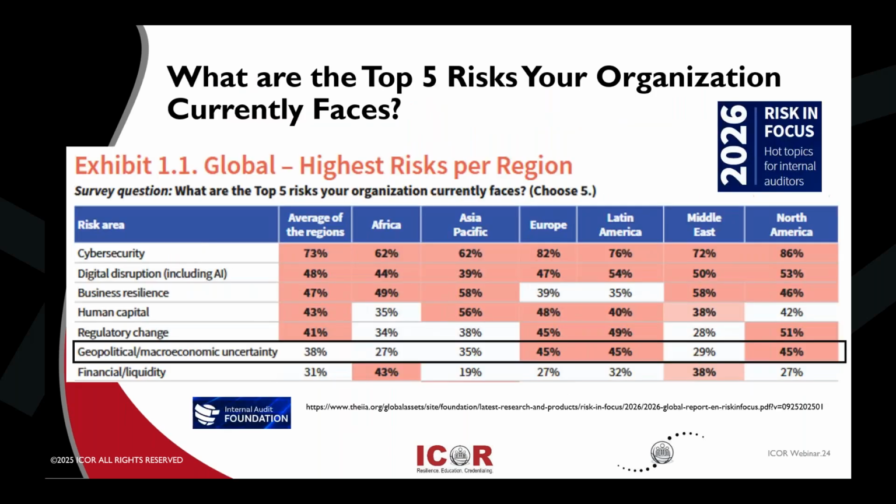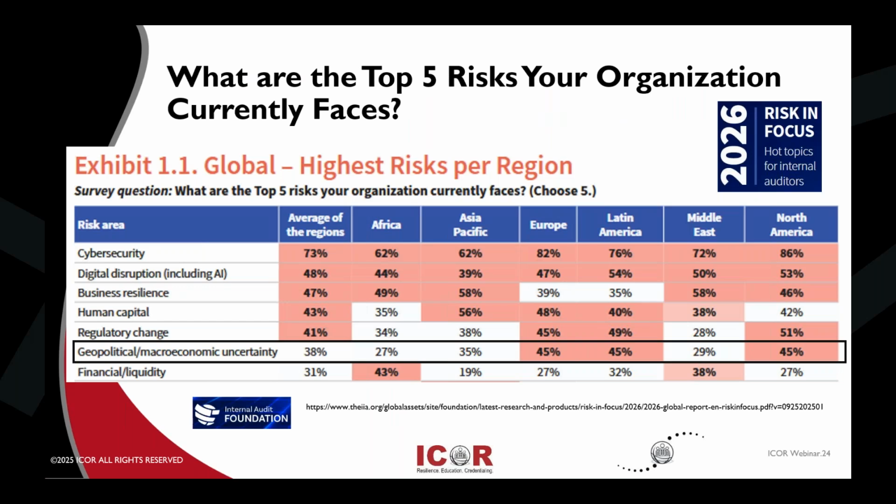So I also found it really interesting that the Institute of Internal Auditors was looking at risk, not that they shouldn't be looking at risk, but they found that geopolitical and macroeconomic uncertainty came up as number 6 when they did their annual survey of the top 5 risks that their organization faces.